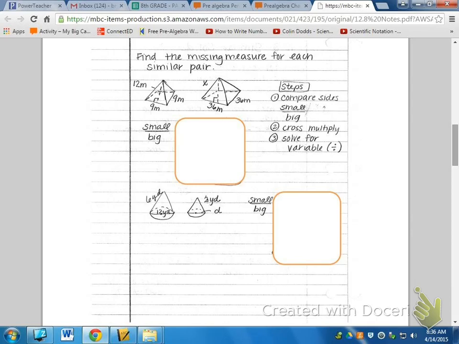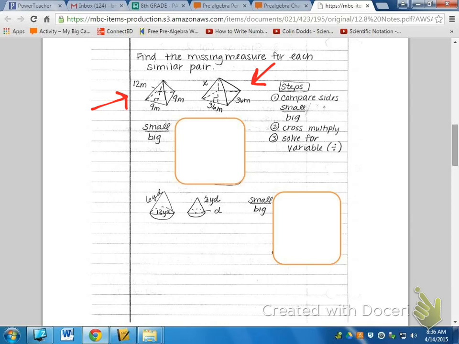You are going to set up a proportion on these just like the others, except one of the spots has to have the variable. You're going to cross multiply and divide. Now notice on these pyramids, they've given us 3 measures on this one and 2 measures on this one.